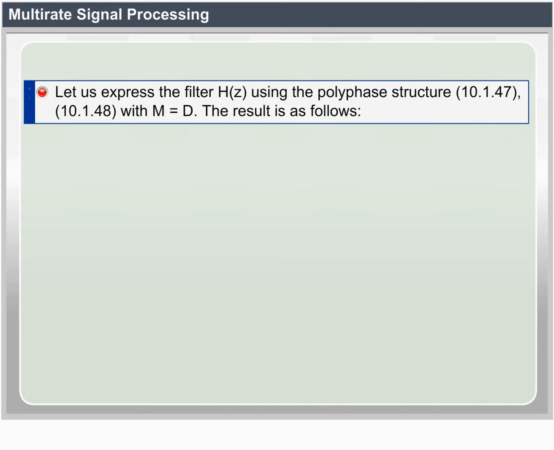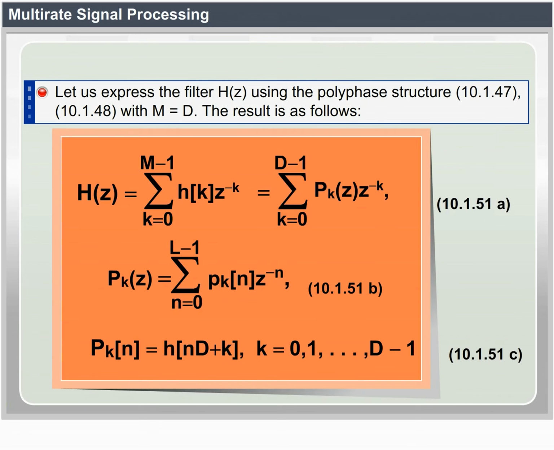with m equal to d, the result is as follows. H(z) equal to summation k equal to 0 to m minus 1 of h(k) z^(-k) equal to summation k equal to 0 to d minus 1 of P_k(z) z^(-k), called equation number 10.1.51a.